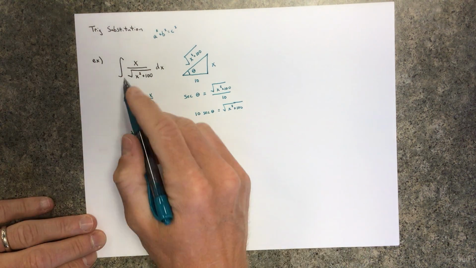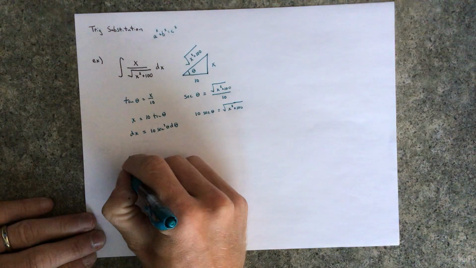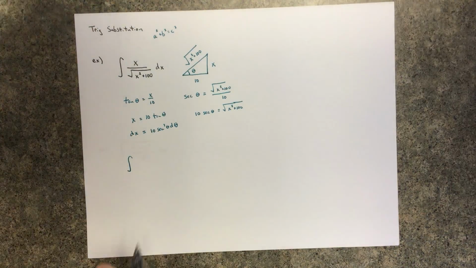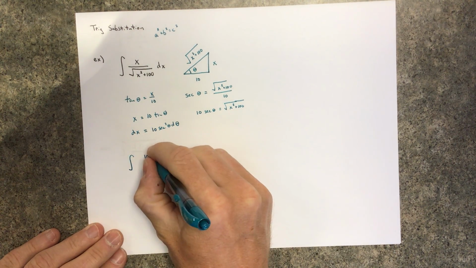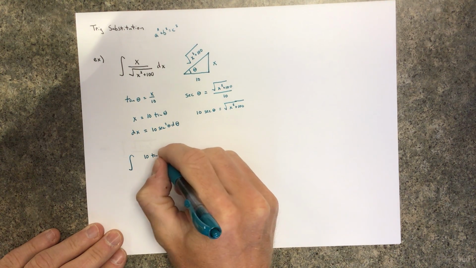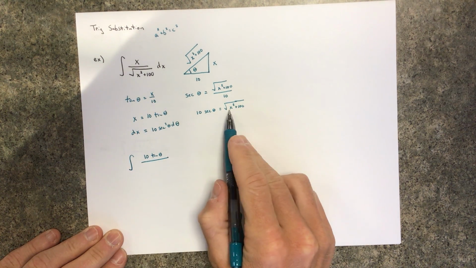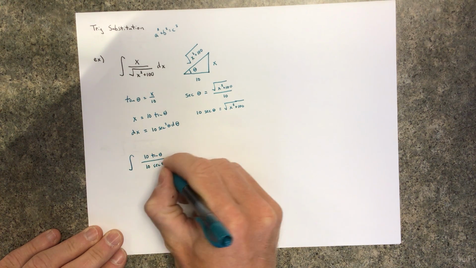I'm going to take this integral with x's and replace everything. x, we know, is 10 tan theta. So instead of x, I'm going to write 10 tangent of theta. Instead of the square root of x squared plus 100, I know that's 10 secant theta.